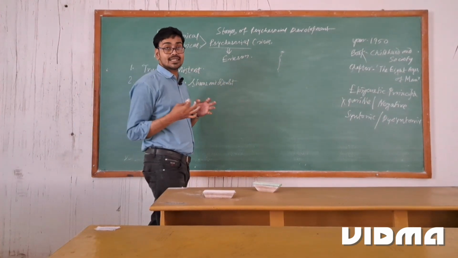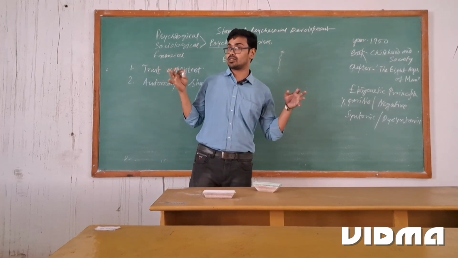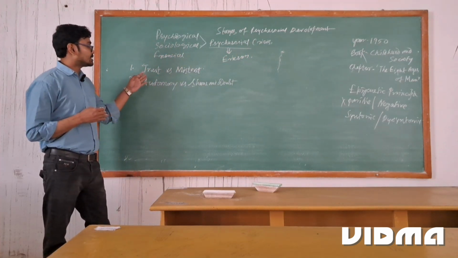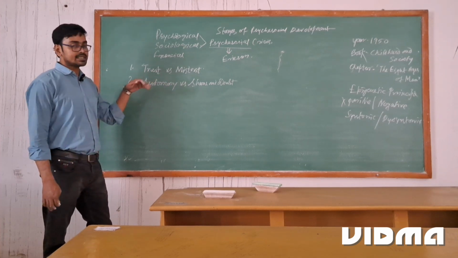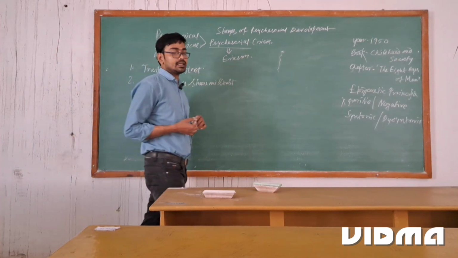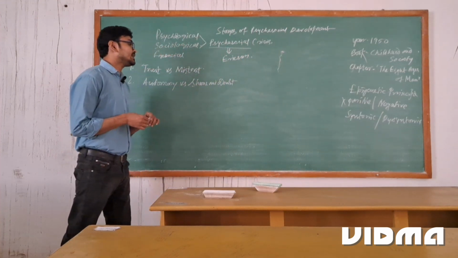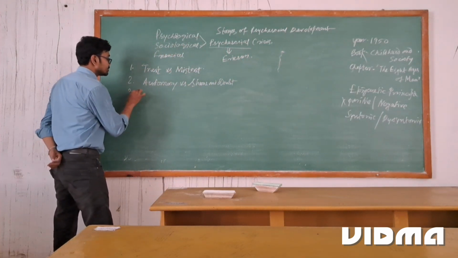So what is the third stage? There are 8 stages of the psychosocial development theory. First is trust versus mistrust. Second is autonomy versus shame and doubt. Third stage is initiative versus guilt.